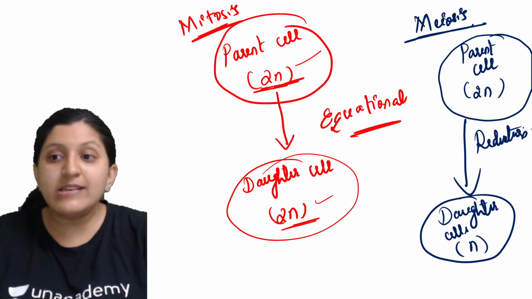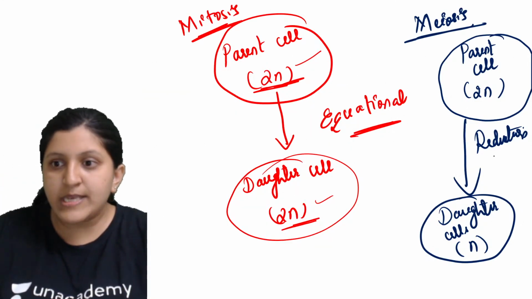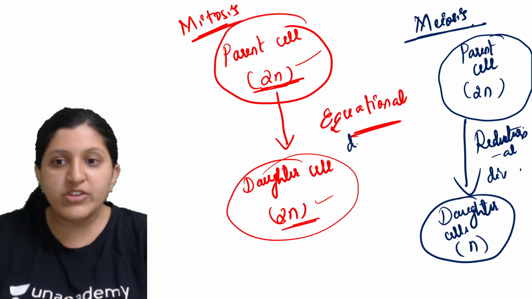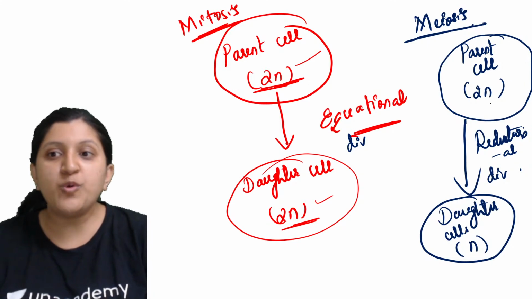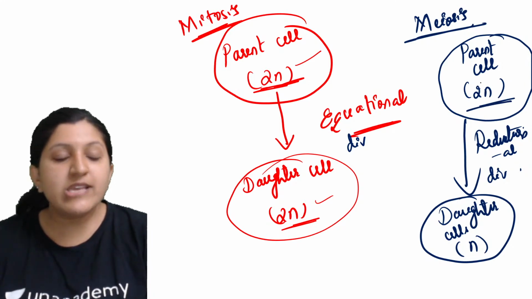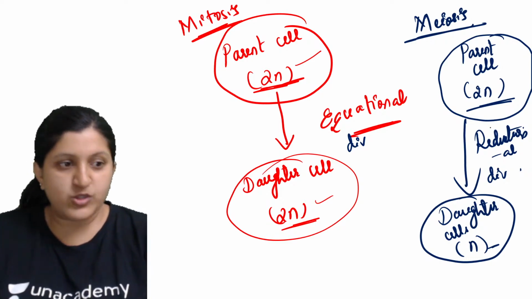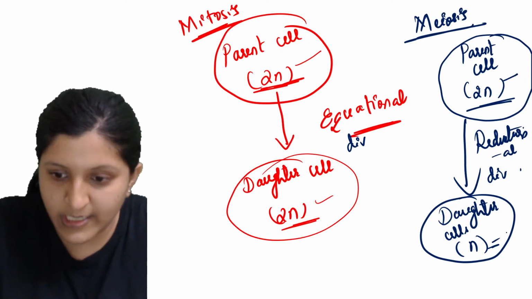You can see there is a reduction in the chromosome number, which is getting reduced from 2n to n only. So here 2 sets of chromosome you can find, and here only 1 set.